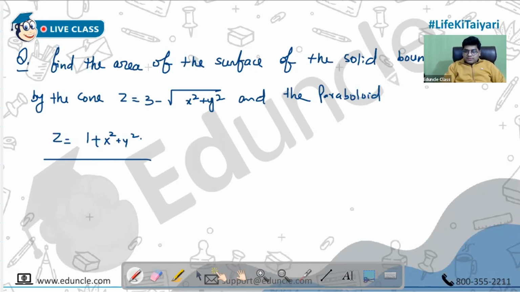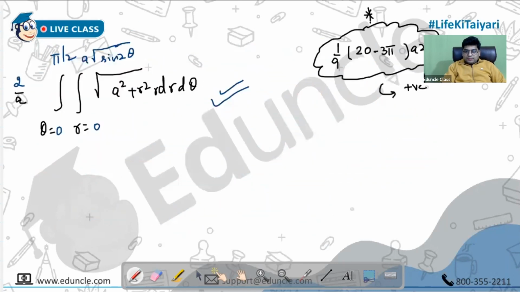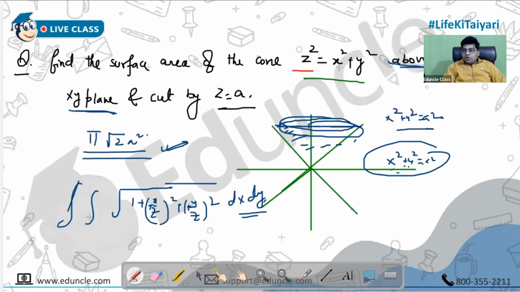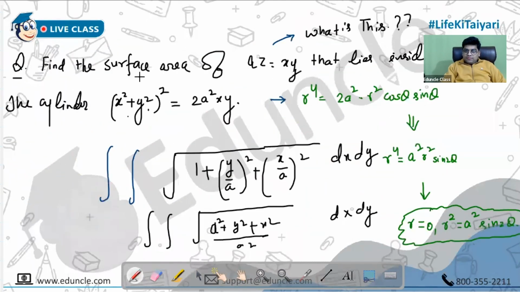Am I clear? See, if you go previously, any problem like find the area of the cone cut by this, that is clear. Find the surface area of the hyperbolic sheet that lies in this, this is also clear.